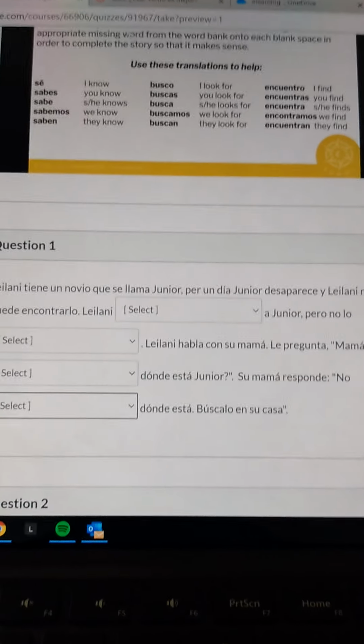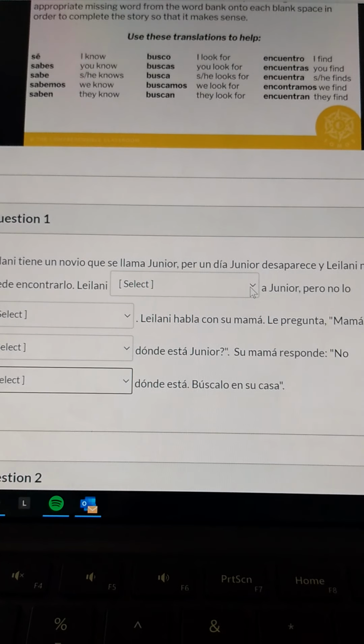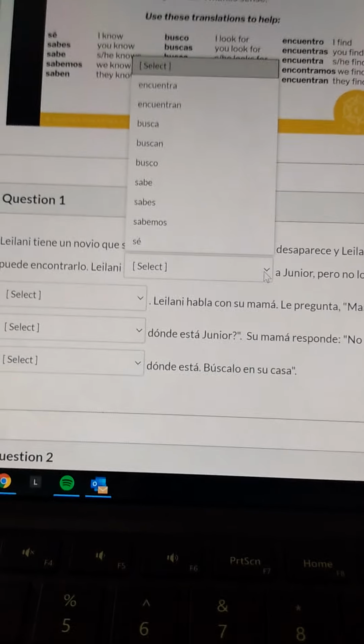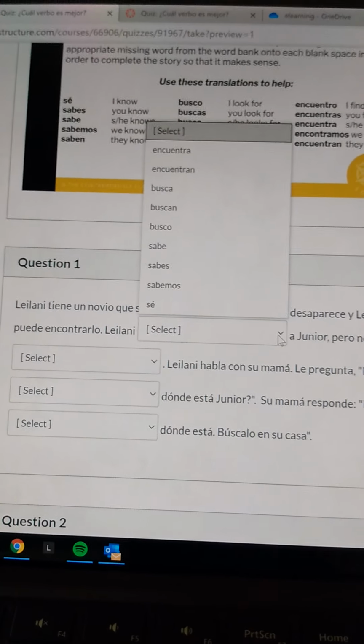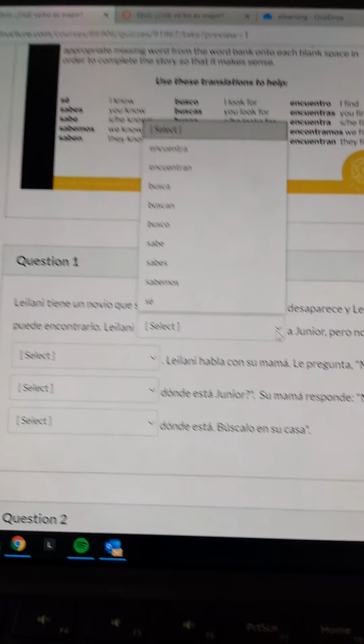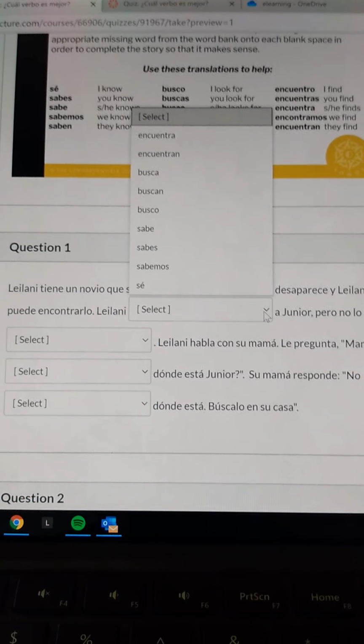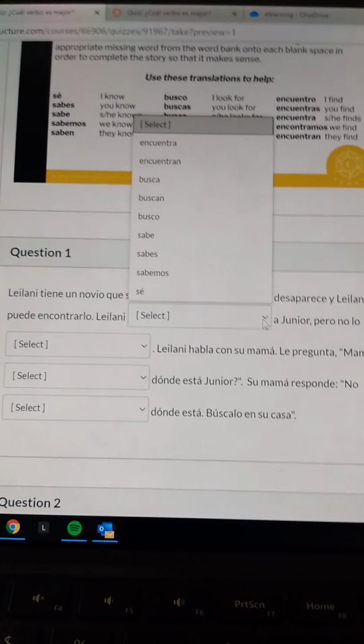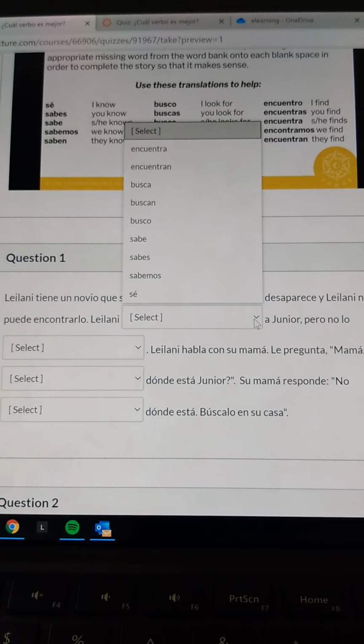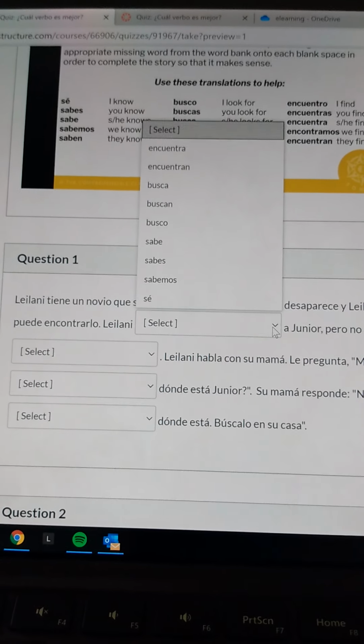Okay, so now we make our first selection, Leilani, and we have all of these options. Basically, it's all the verb forms that I just showed you. So again, she cannot find him. So Leilani blank Junior. She's looking for him, right?